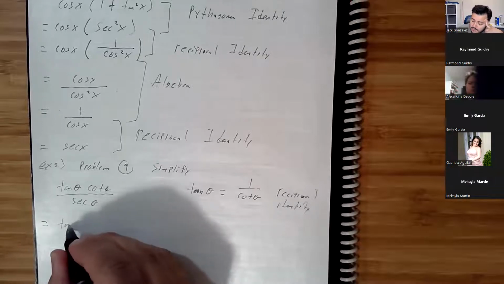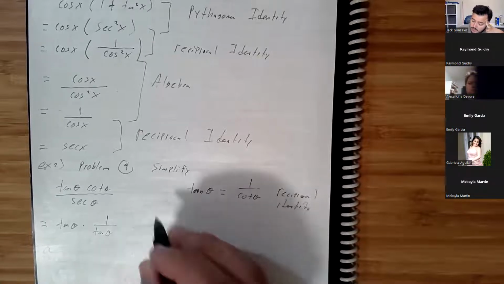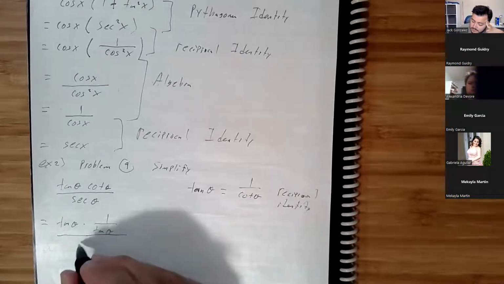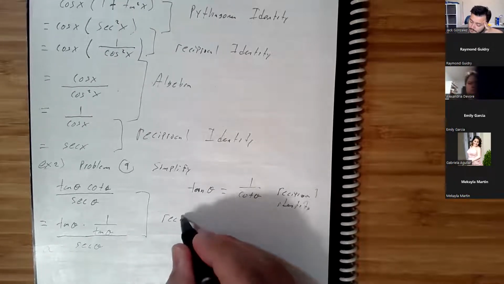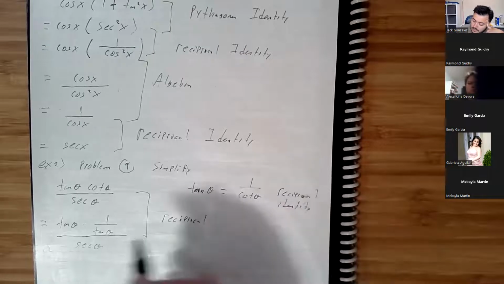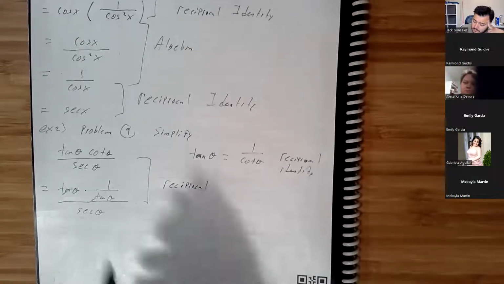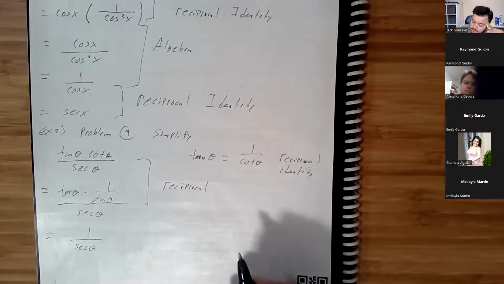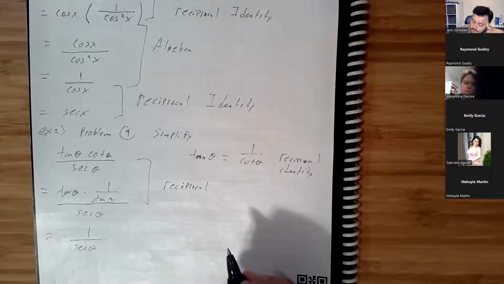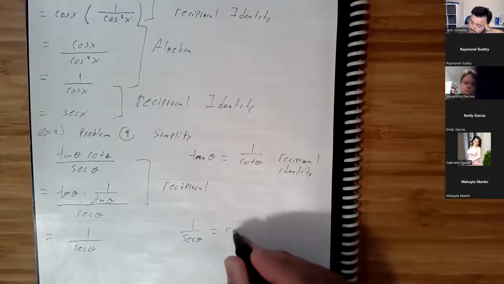So we can show the work and say, well, this is the same as 1 over secant. So these will cancel. So now you get to here, which is 1 over secant. And then you have to remember that 1 over secant is equal to cosine, right?